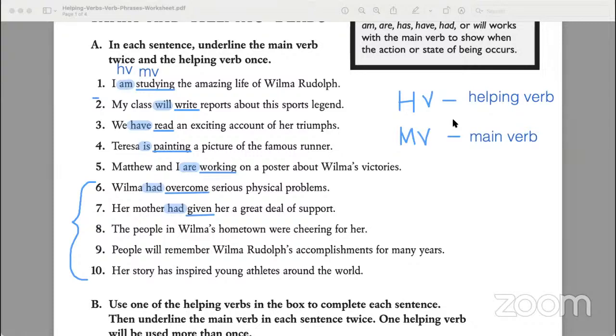Can I have a student to share their answer for number 8, please? Question number 8. Helping verb is verb. Main verb is hearing. Good.